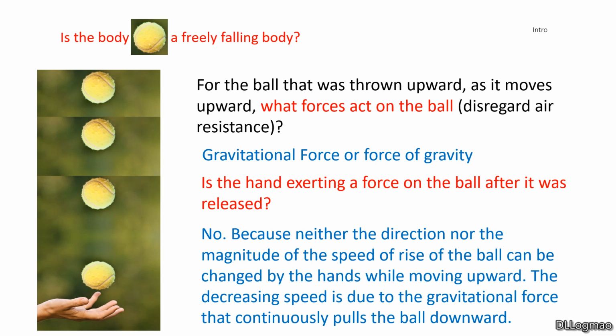Because the only force acting on a ball thrown upward is gravitational force, is it a freely falling body? Yes, it's a freely falling body. The ball is a freely falling body whether it is on the upward or downward motion.